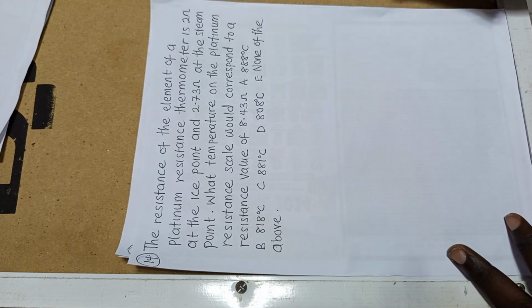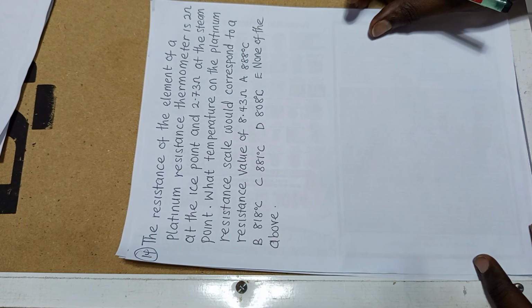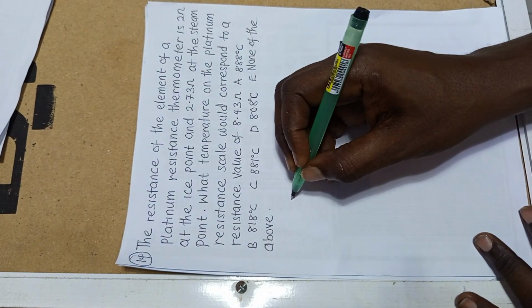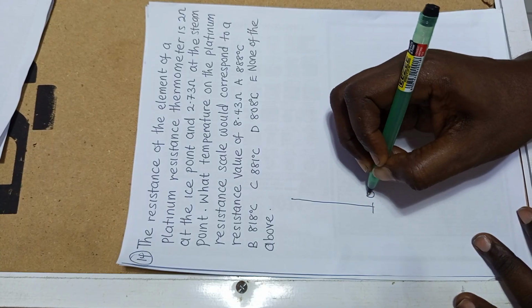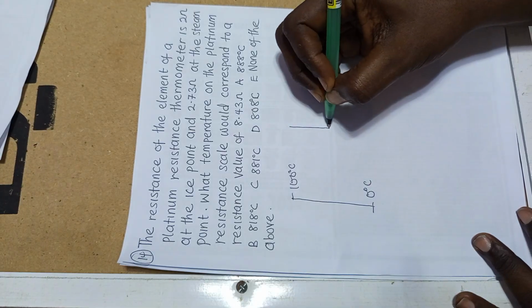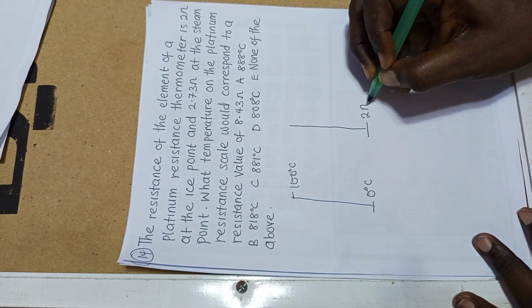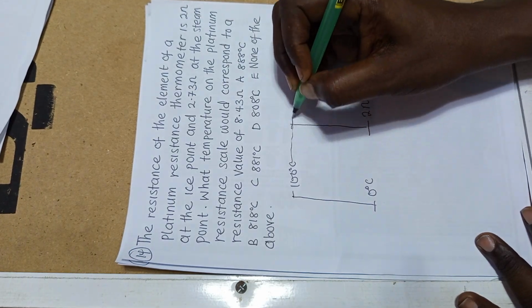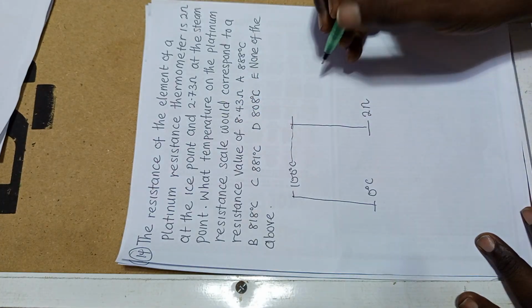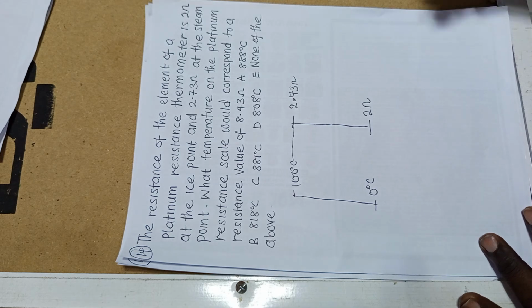Number 14. The resistance of the element of a platinum resistance thermometer is 2 ohms at ice point, 0 degrees, and 2.73 ohms at steam point, 100 degrees Celsius.